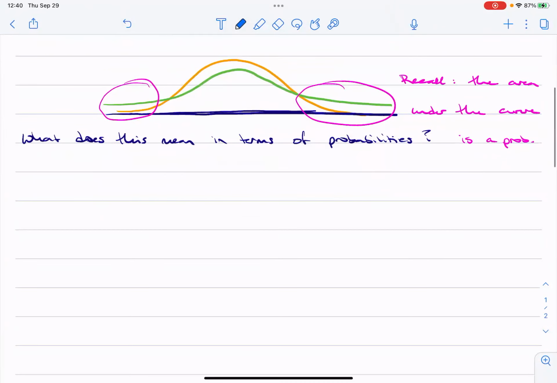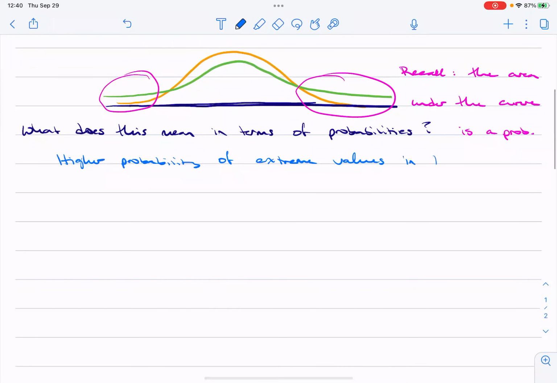So what we're seeing here is there's a higher probability of extreme values in the long-tailed distribution.